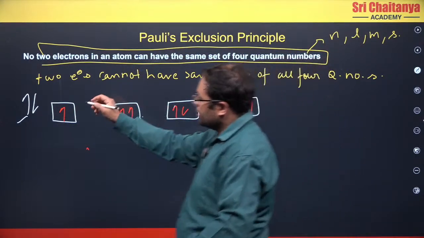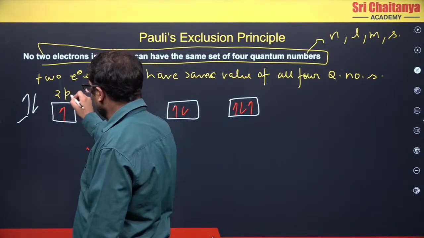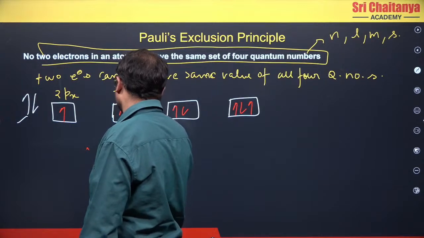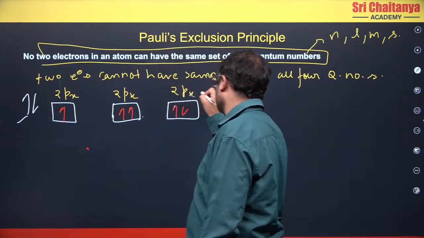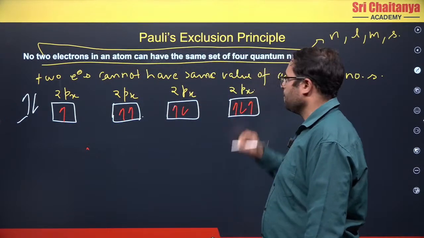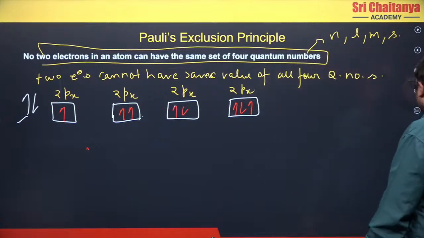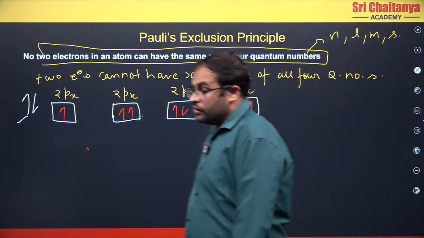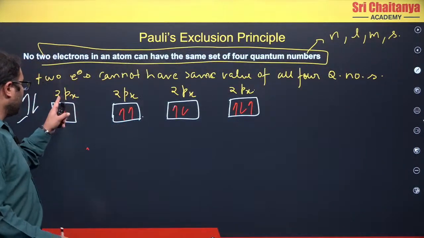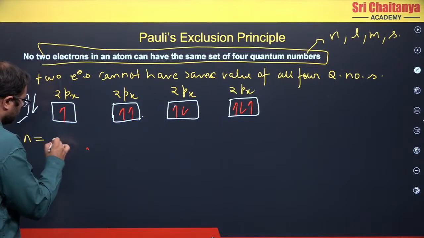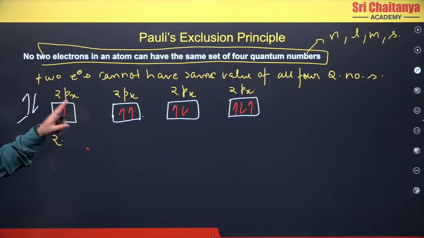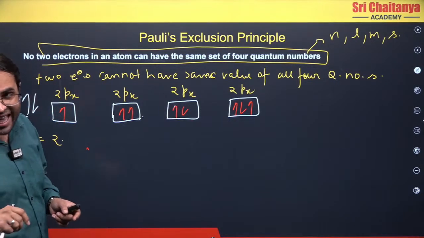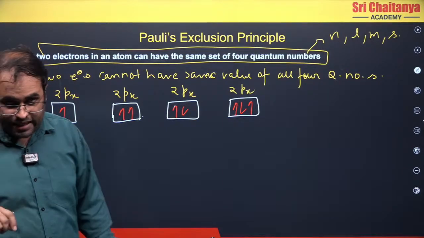Suppose this orbital is 2px. So n will be 2 for 2p. Suppose this p is for l equals plus 1.